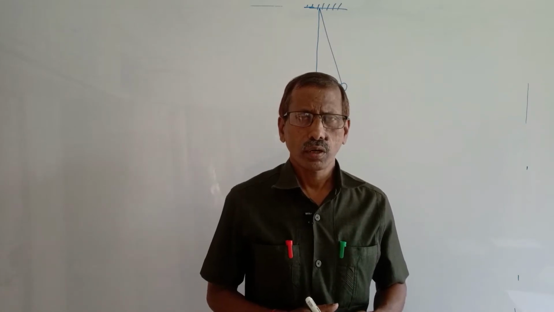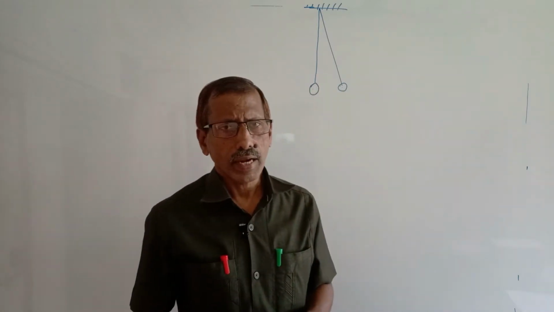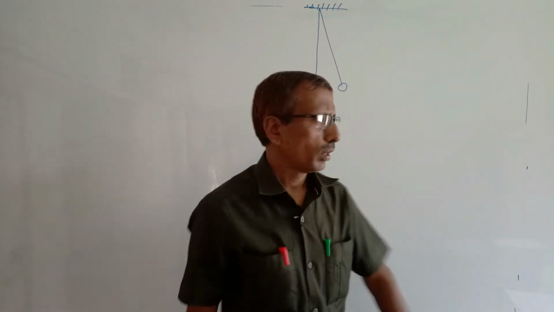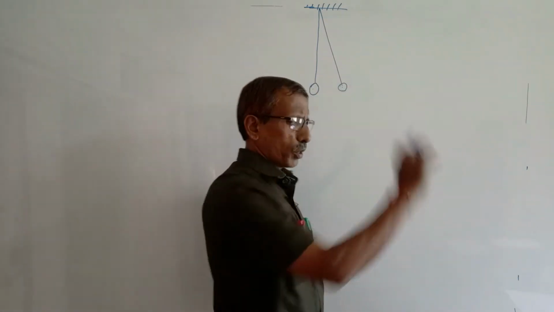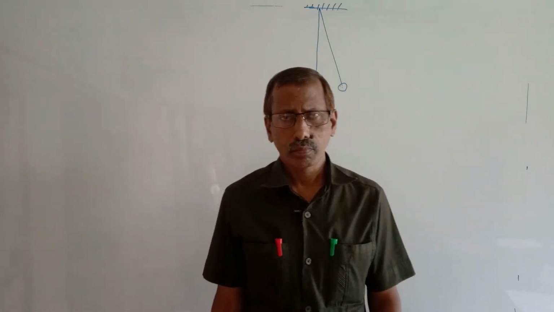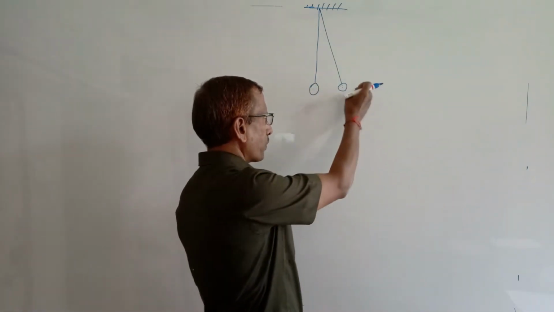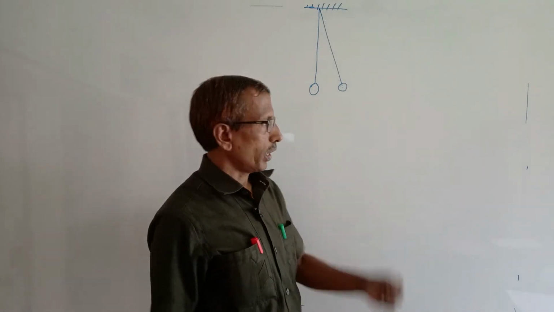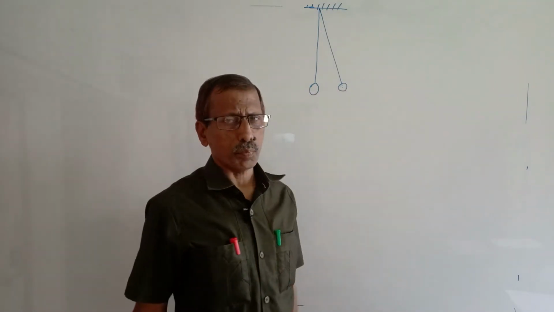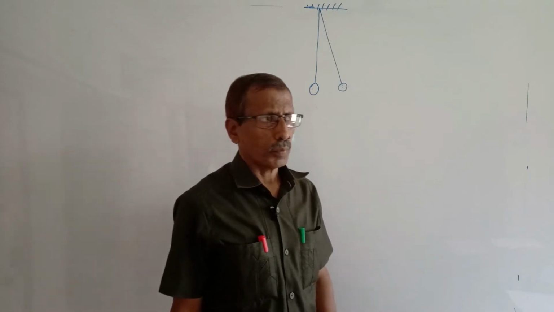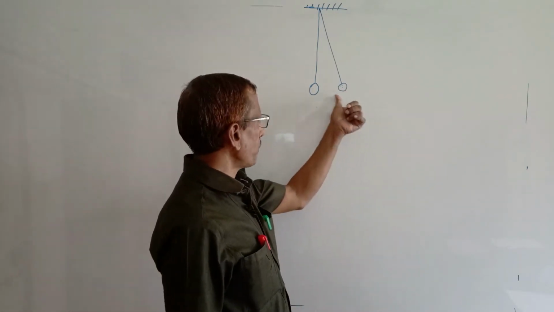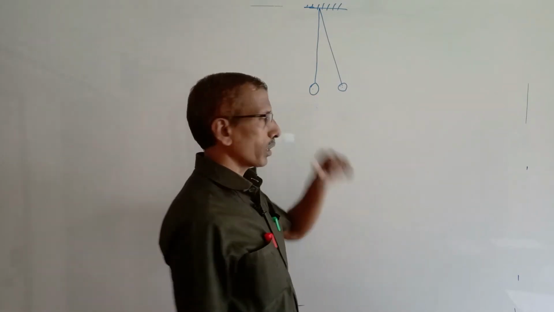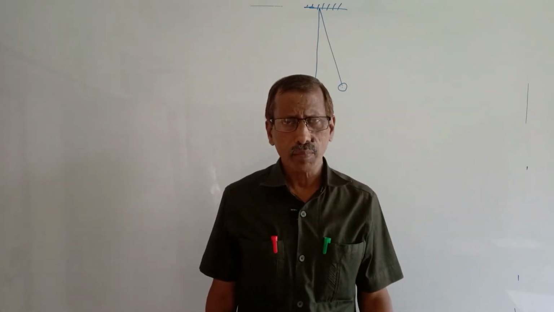We studied that when this bob is displaced from its mean position, a restoring force develops in the body. When this bob is released, due to the restoring force, which is directed toward the mean position, the bob moves toward the mean position, but it has high velocity at the mean position.